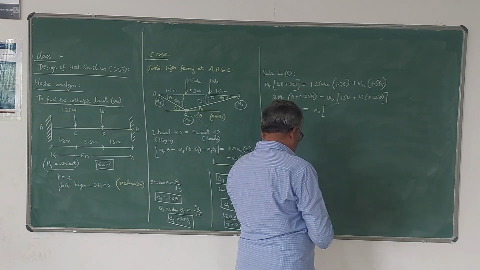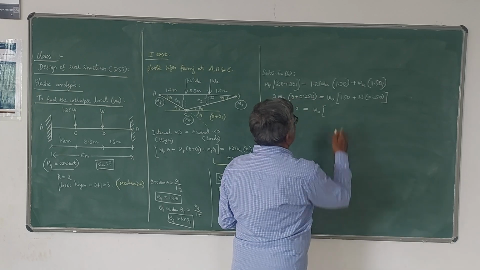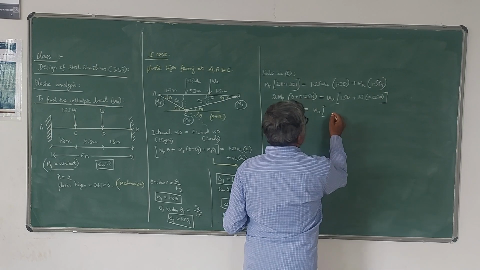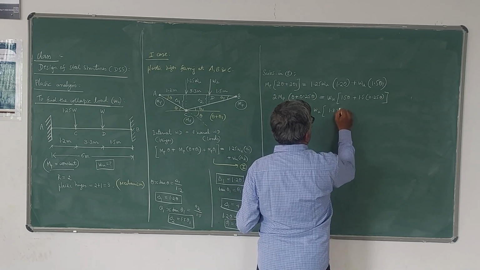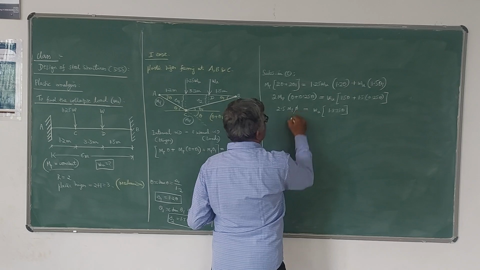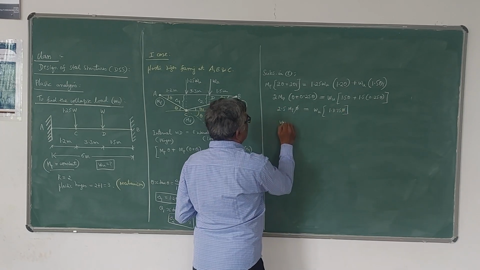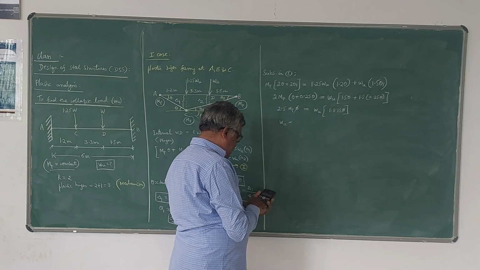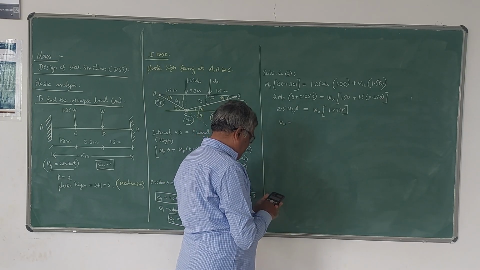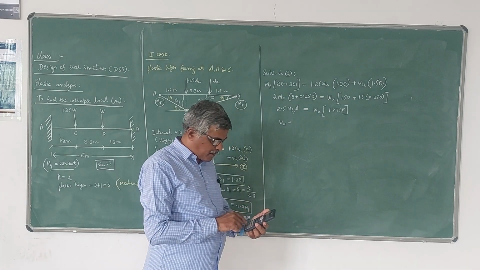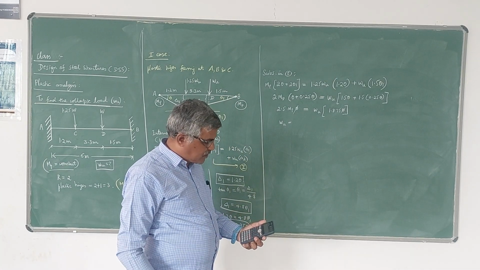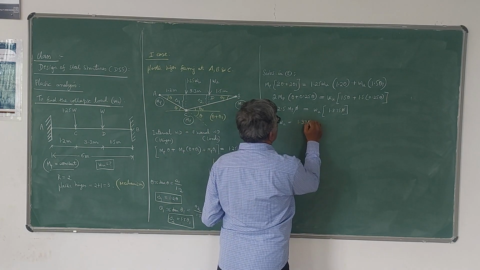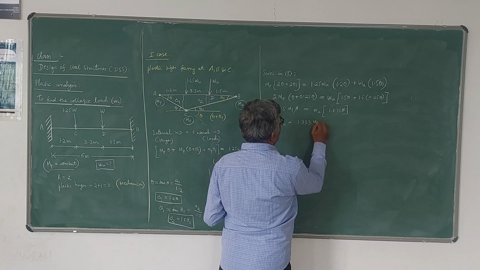So it becomes 0.375 plus 1.875 theta. So you can cancel this theta. So WU you take as this divided by this, that is 2.5 divided by 1.875, which is 1.333 MP.